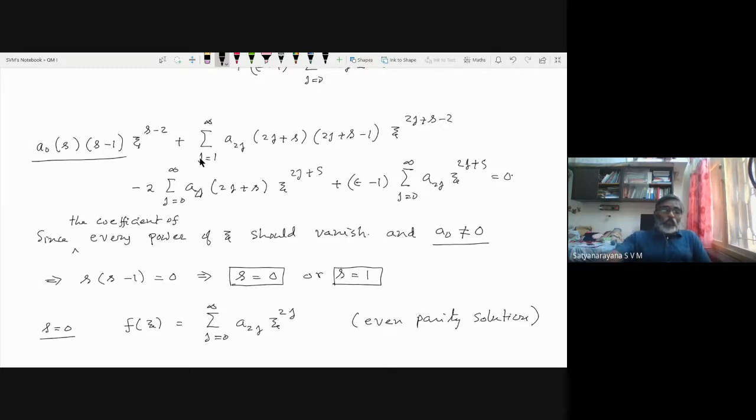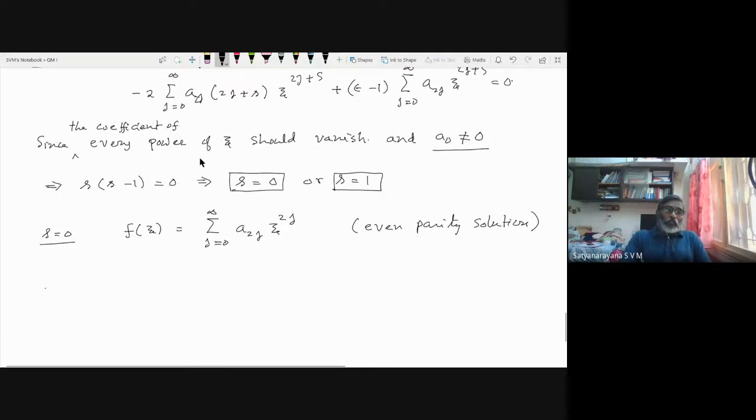On the other hand, if s is equal to 1, then your f of xi is going to be equal to xi into the sum over j equal to 0 to infinity. The coefficients will in general be different, so let me write some tilde, no need to write prime, a tilde_2j into xi to the power 2j. So these are odd parity solutions.